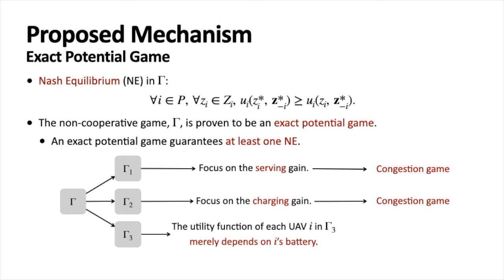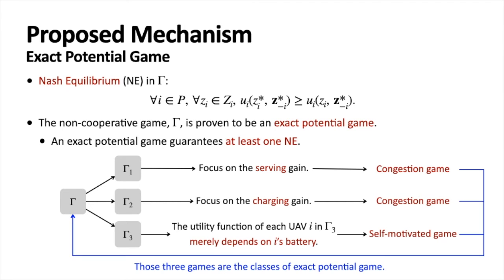Then they are proved to be 2 congestion games and a self-motivated game, respectively, which are all classes of exact potential game. With those 3 subgames combined, gamma is said to be an exact potential game, which implies that gamma has at least one Nash equilibrium. If you're interested in the details, the relevant proof can be found in the paper.